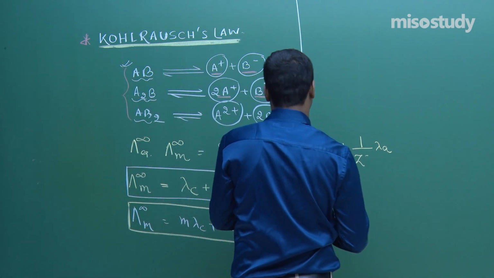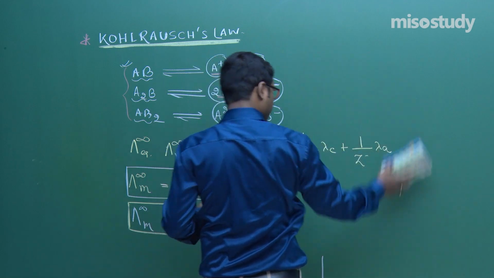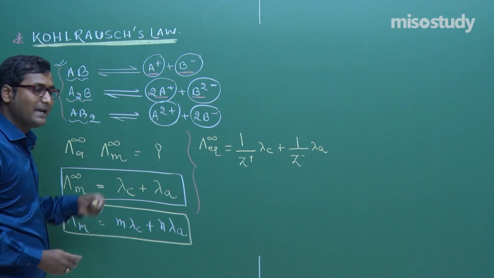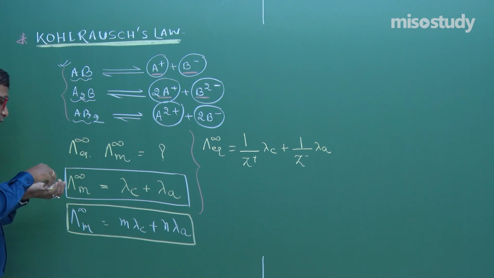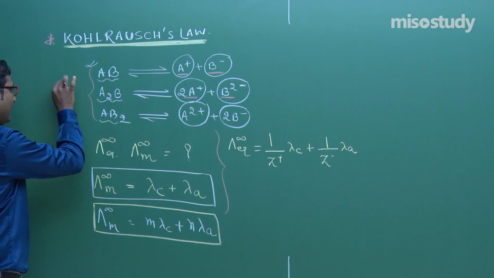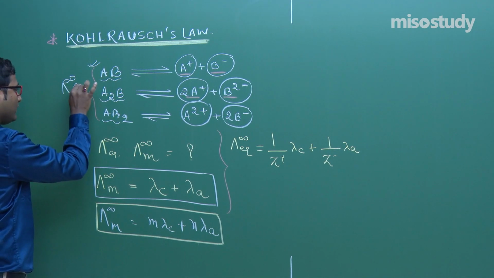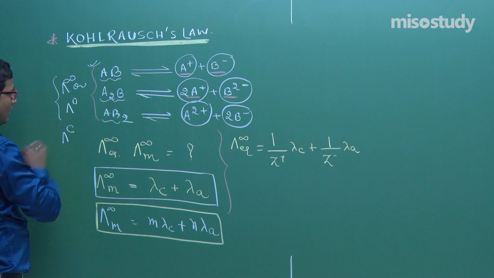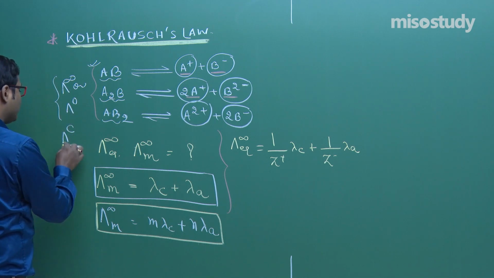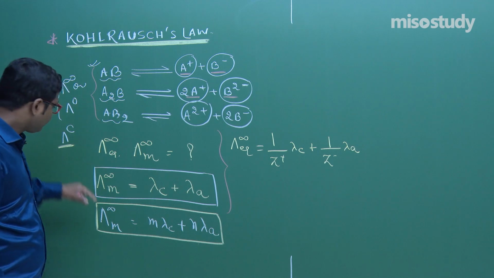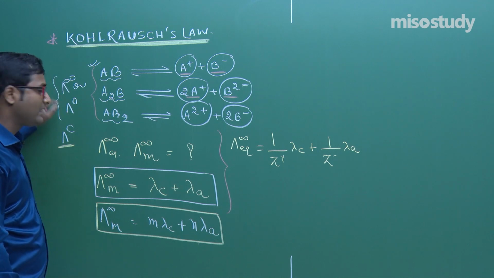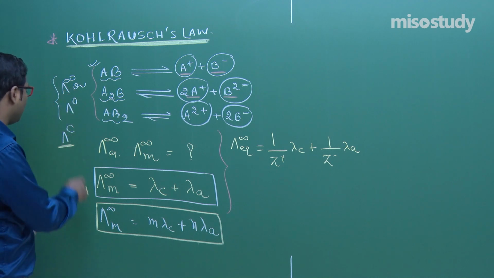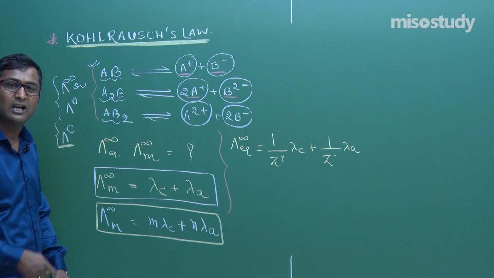But before that, let me discuss each and everything. Then we'll discuss the topic. Again I am repeating, at infinite dilution, there are two cases. As we know, at infinite dilution the symbol is this, but at a particular concentration this is the symbol. Clear to you? The relation of molar or equivalent conductance at infinite dilution and at a particular concentration is governed by the Debye-Huckel-Onsager equation.